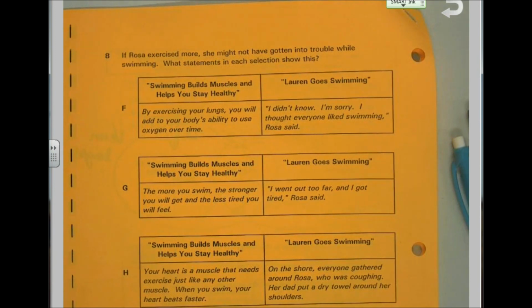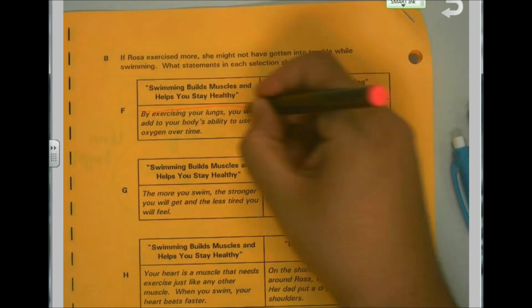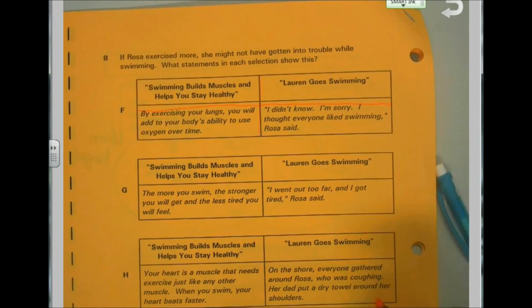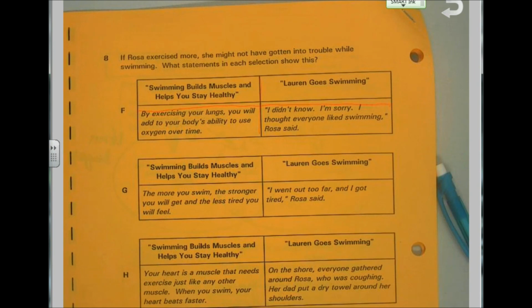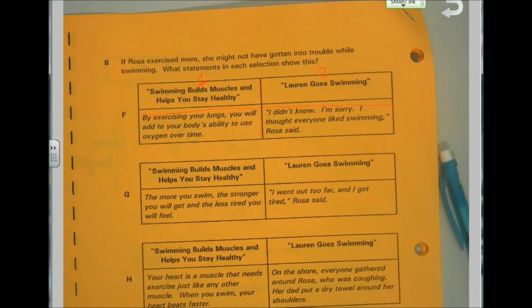Remember, this is essentially a T-chart, just like I just did. See? That's a T-chart. When you have that, it means that this is number 1 and this is number 2. So you're going to do exactly what we did right now with this question.